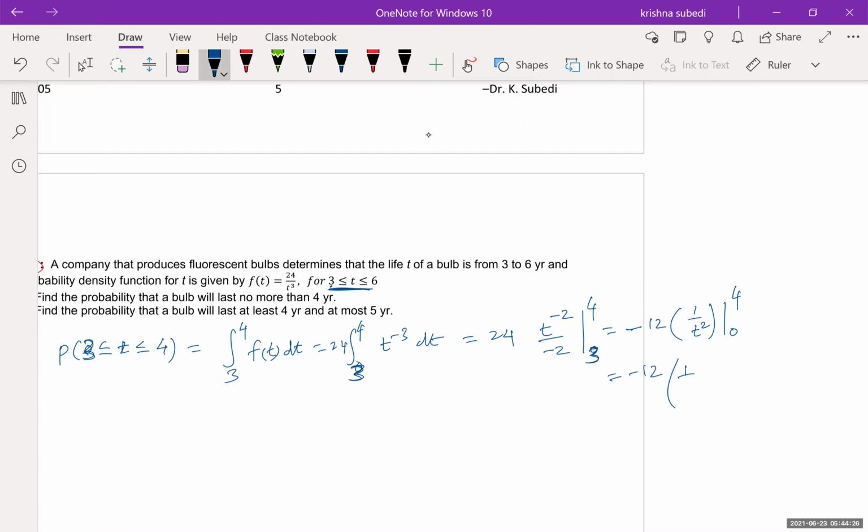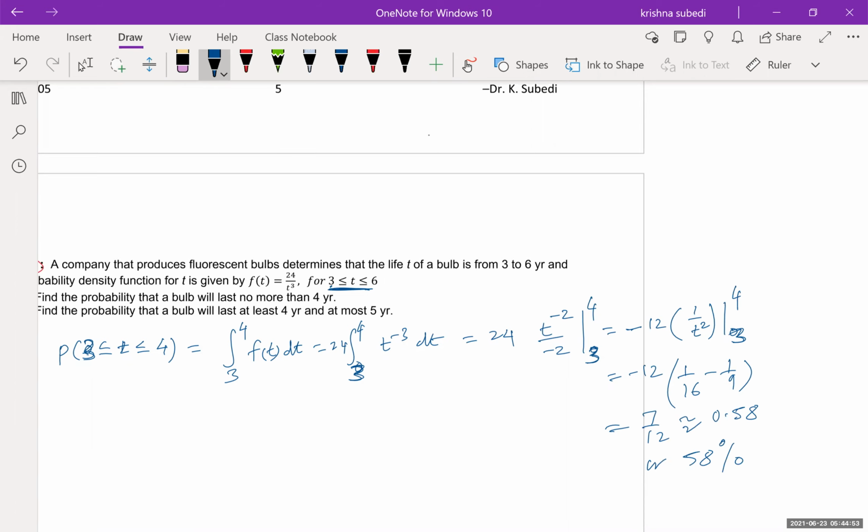This one is 3, so you'll have negative 12, 1 over 4, t squared means 16 minus 1 over 9. And how much is that going to be? If you calculate this, I think it will be 7 over 12, which is approximately 0.58, or you can write 58 percentile approximately.